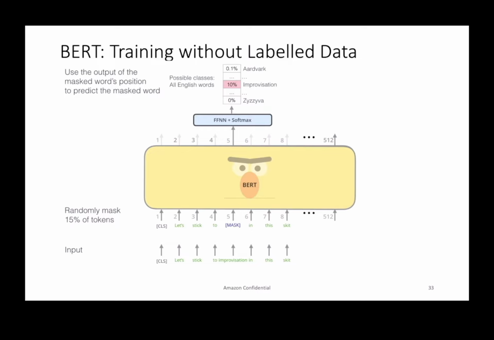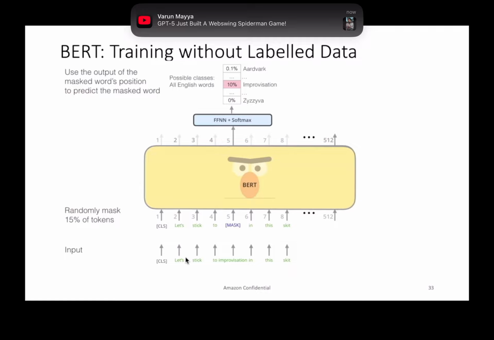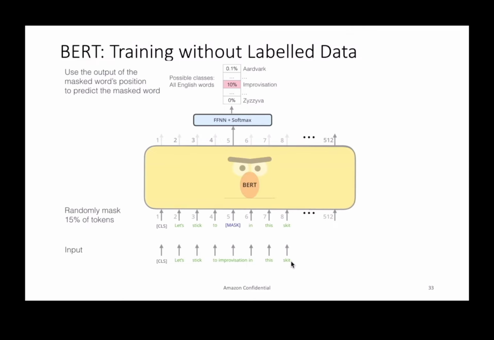But that is not the only reason for the success of BERT. There is a secondary reason, which is that BERT trains without any labeled data. Basically, you can train BERT on just plain text corpora without any labels. How does it do that? BERT basically takes the task of predicting masked words. So you take a sentence, for example, let's stick to improvisation in this kit.